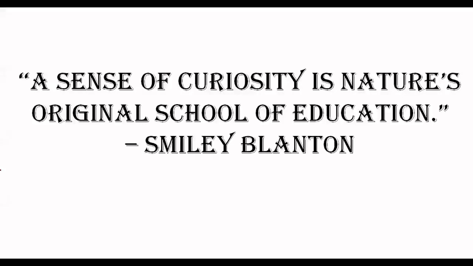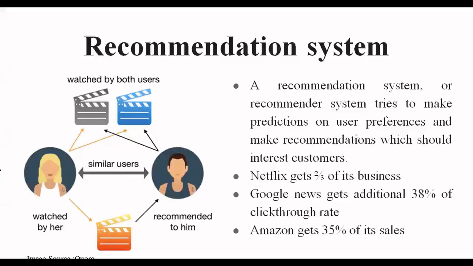So let's end your curiosity about the problems I told you a few minutes before. The answer to the first application of the machine learning algorithm is the recommendation system.